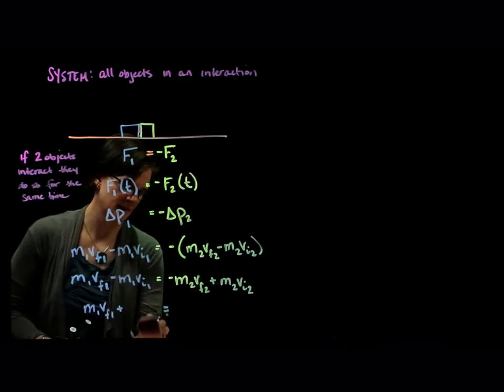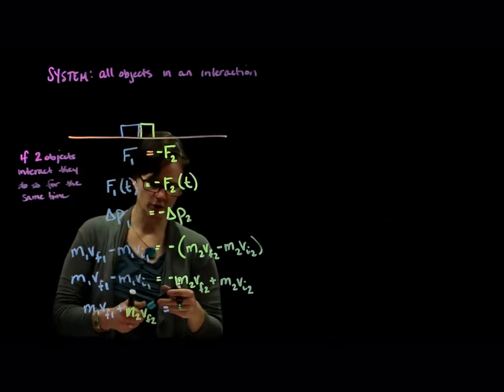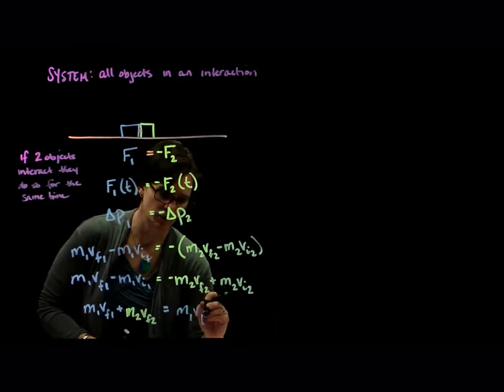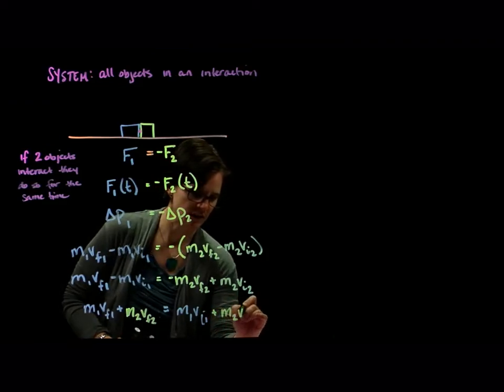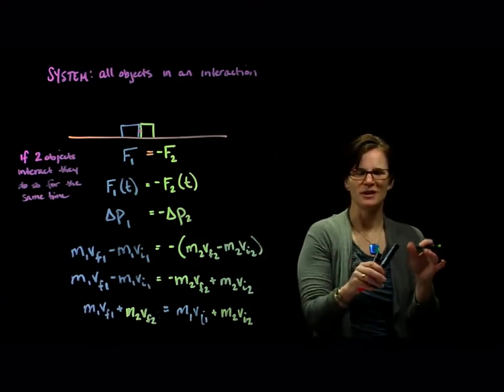Let me just erase that so you know which is which by color as well. So M2 V final 2, I bring this one over. We have M1 V initial 1 plus M2 V initial 2. So that's just some algebraic manipulation.